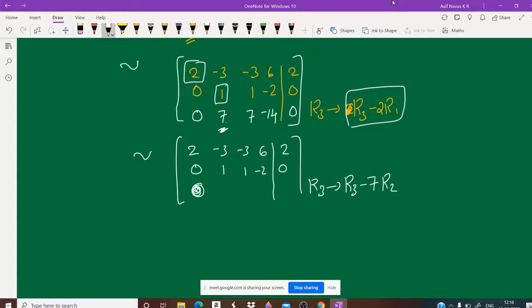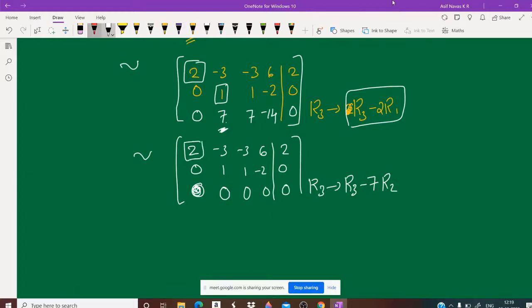So this is 0. What is here? Here it will be 0, 0, 0, and here 0. So that row is completely 0.